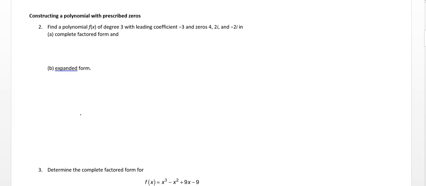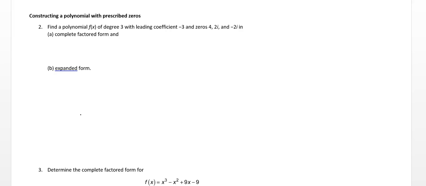Now let's move this to the symbolic frame of mind that we need to get into. We need to be able to look at a polynomial function in any capacity, whether graphically, numerically, or symbolically, and be able to write the symbolic form in both factored form and expanded form.